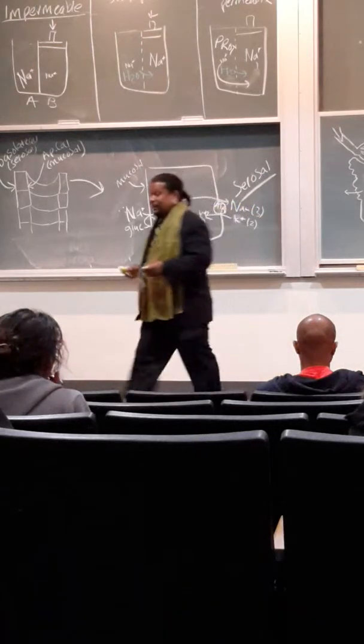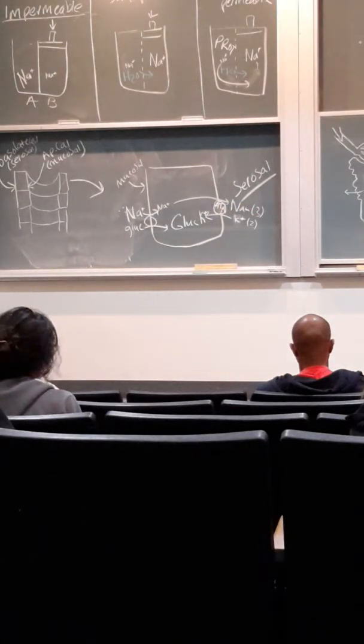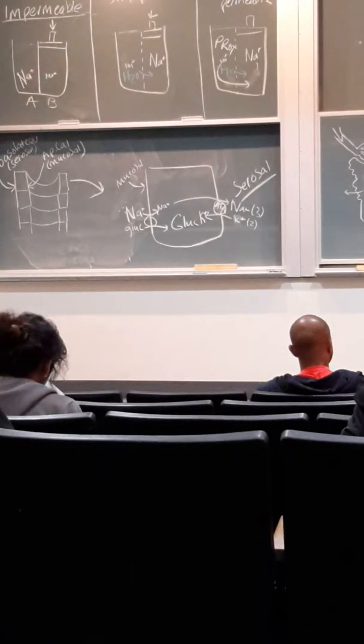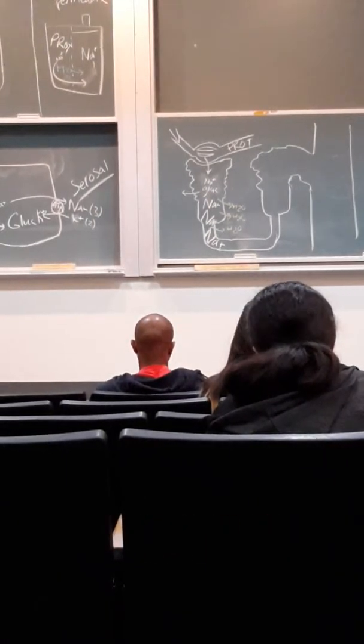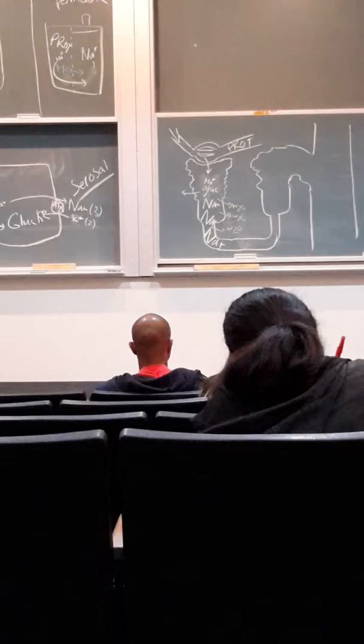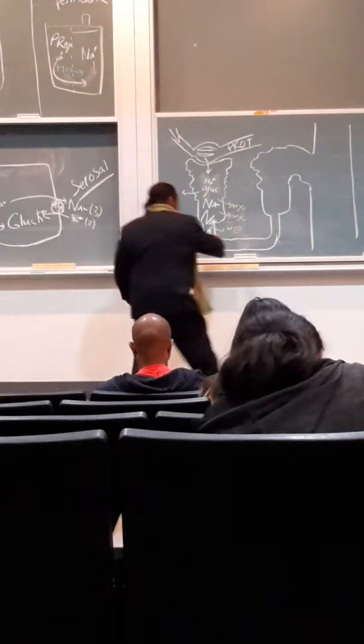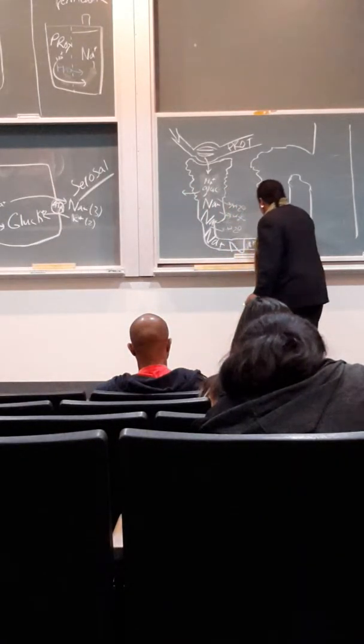So you want a second. Because the descending loop is semi-permeable. Just trust me for a second. The sodium is going to become more and more concentrated. Only mammals can do this. Because the descending loop is semi-permeable, so the water is coming out. And the water's coming out, you gotta make this move in your head.